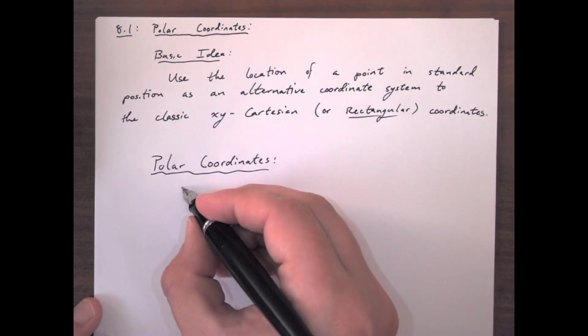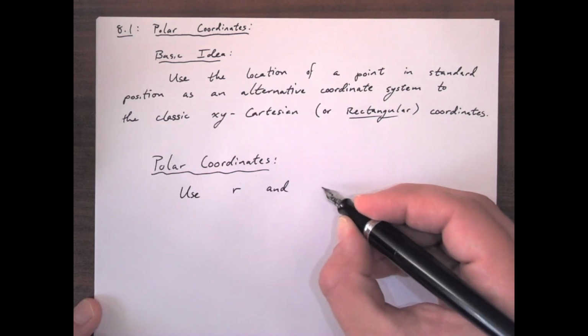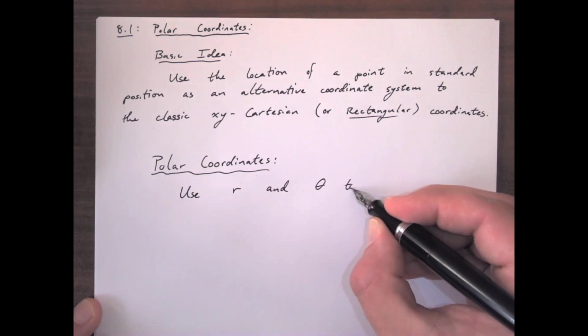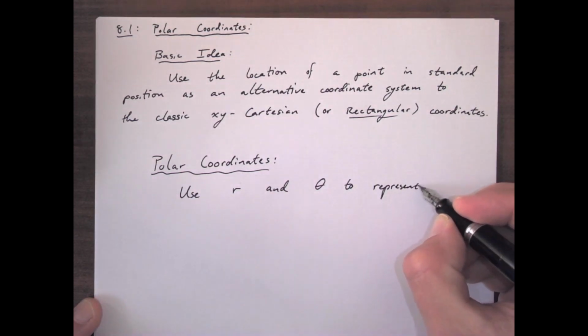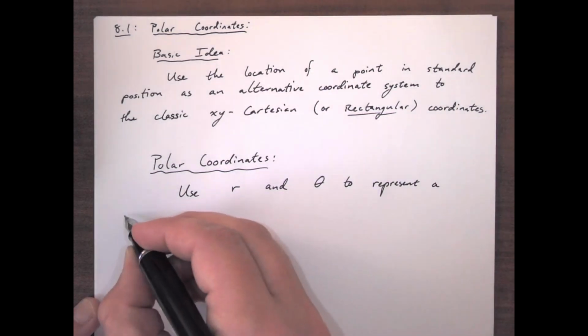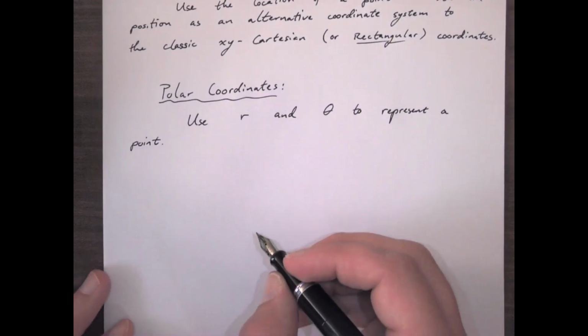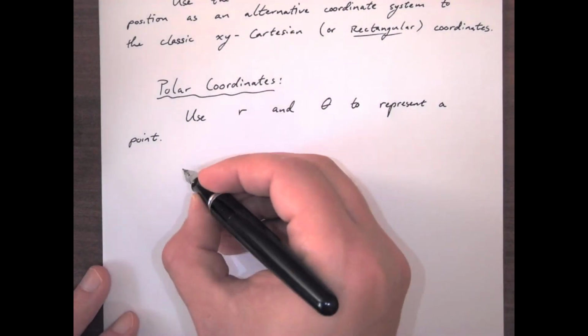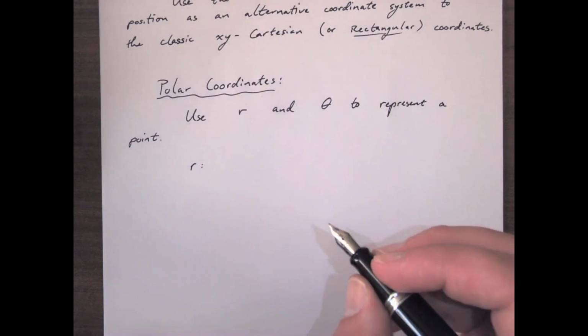So use r and theta to represent a point. So r, this represents how far from the origin we are going.